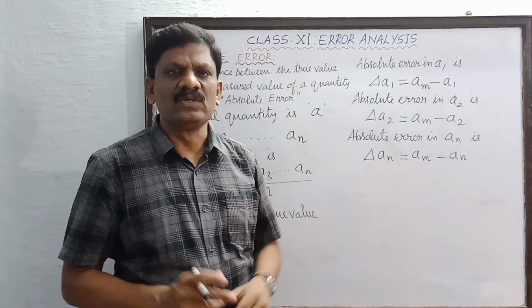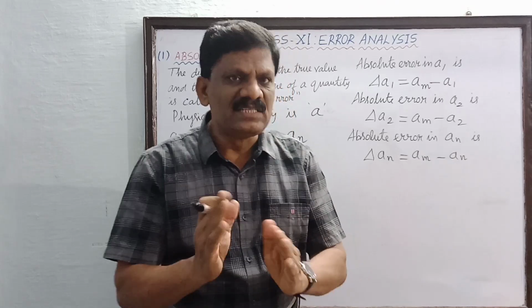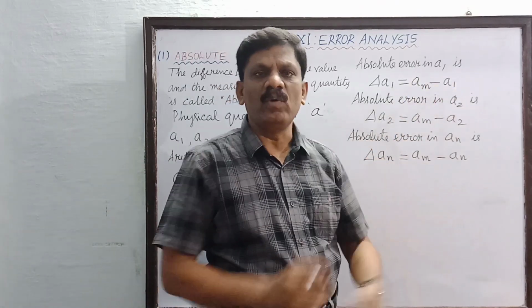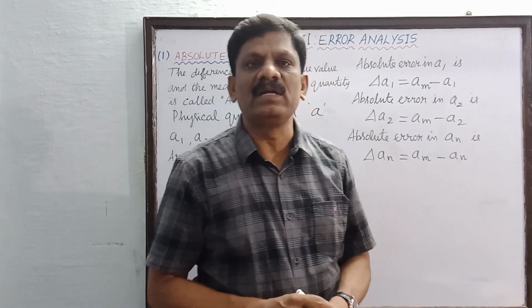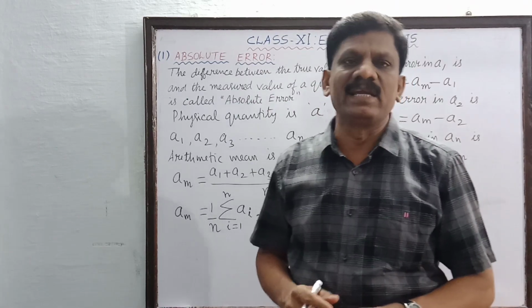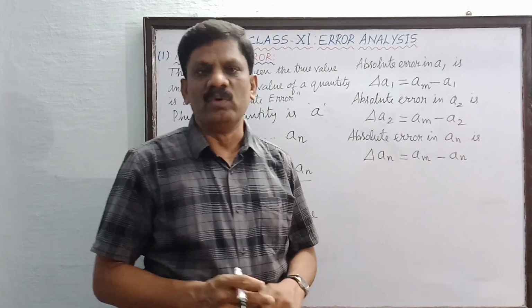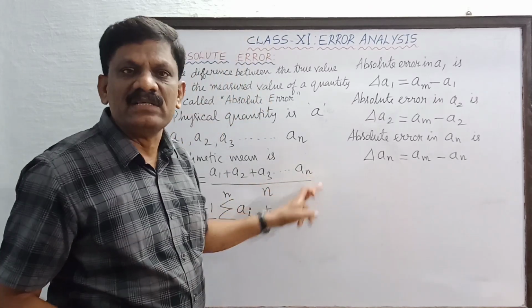So we have understood absolute error is defined as the difference between the true value and the observed value of the physical quantity. But true value is defined as what? The true value of the physical quantity is equal to the mean value, the arithmetic mean of all the observations.